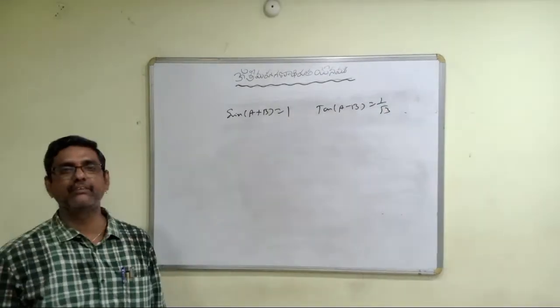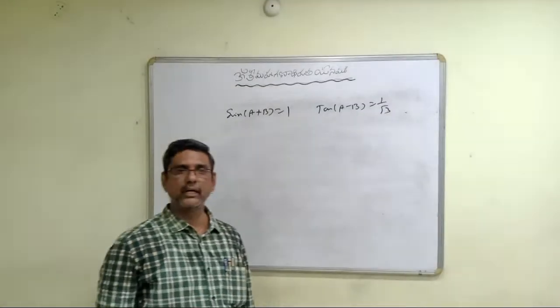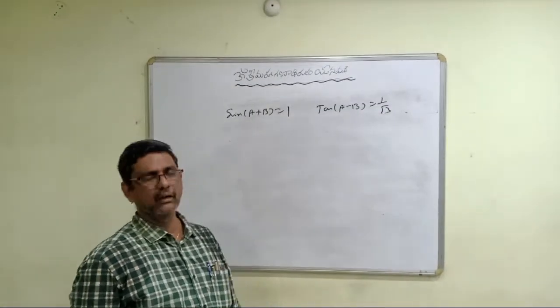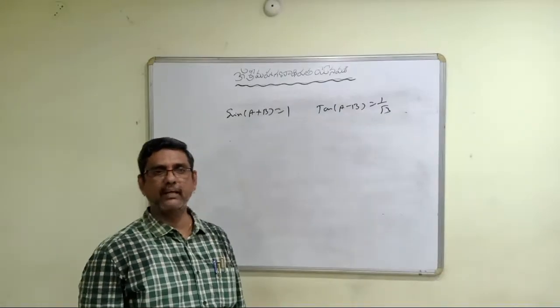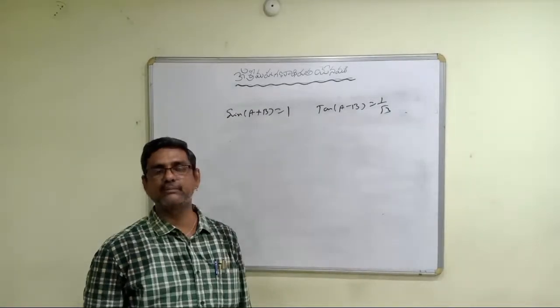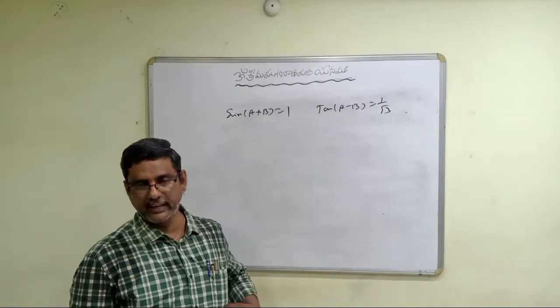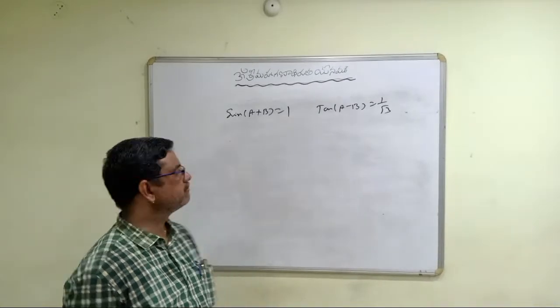Find the value of A and B. I told you this one yesterday. See this problem: sin(A plus B) is 1 and tan(A minus B) is 1 by root 3, and we need to calculate what A is and what B is.